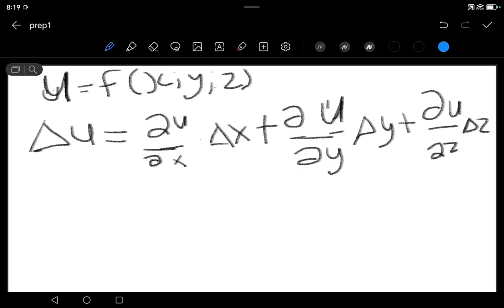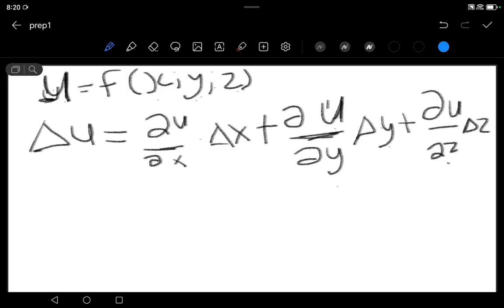So if we have a function with x, y, z, this is how we're going to derivate. It's u over x times change in x, then u over y, change in y, and u over z, change in z. And sometimes we can have a, b, c, d, e, which means it's u over a, change in a, u over b, change in b, u over c, and so on.